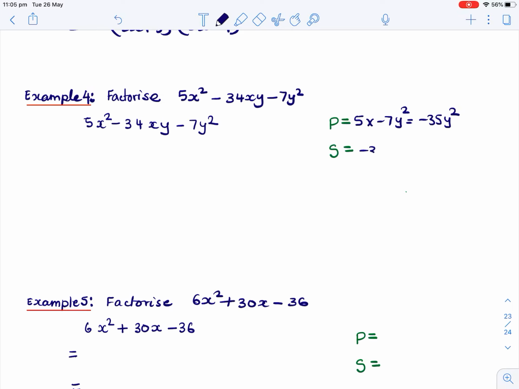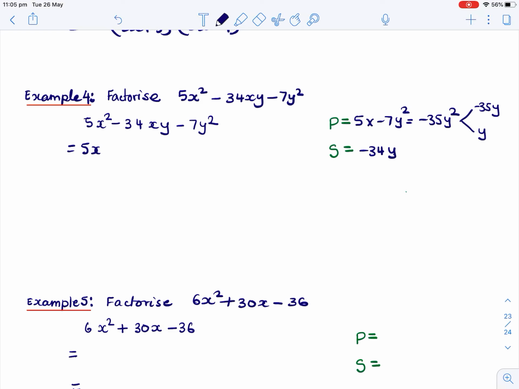Sum is negative 34y. So now the product of negative 35y and y gives you negative 35y squared. When added together, that gives you negative 34y.